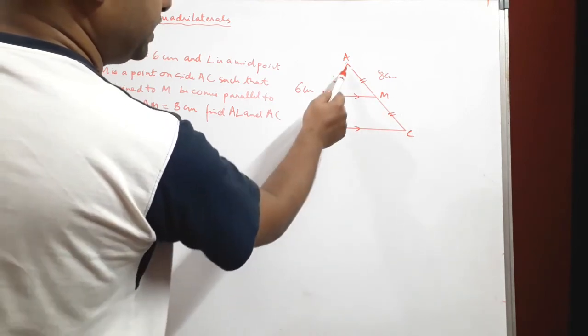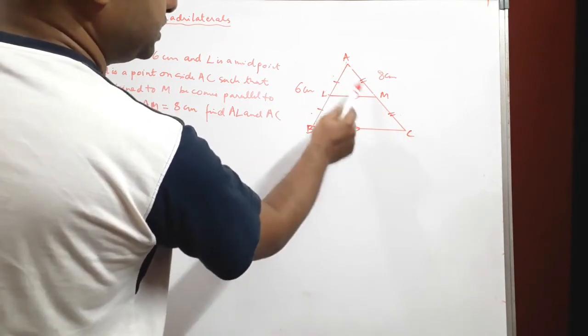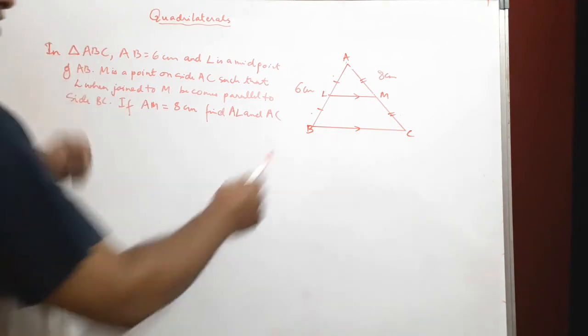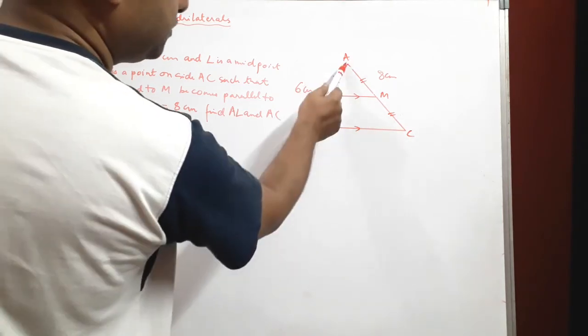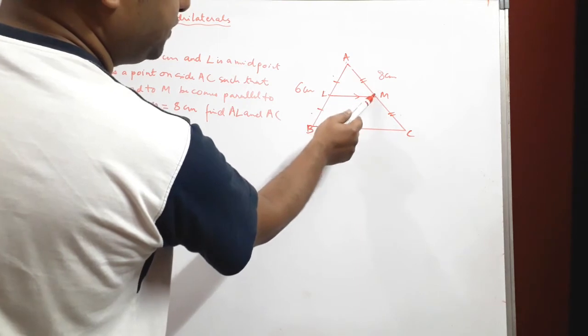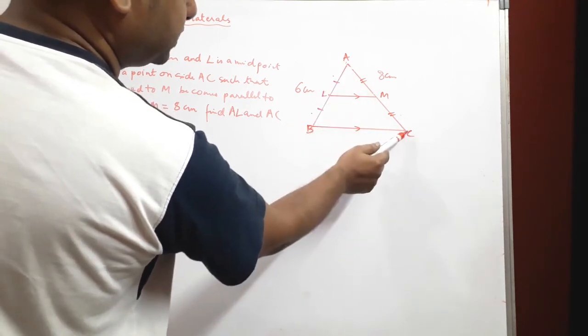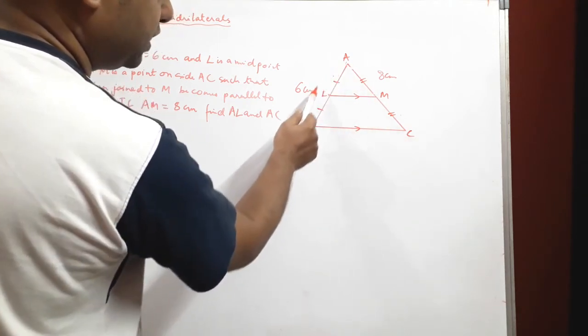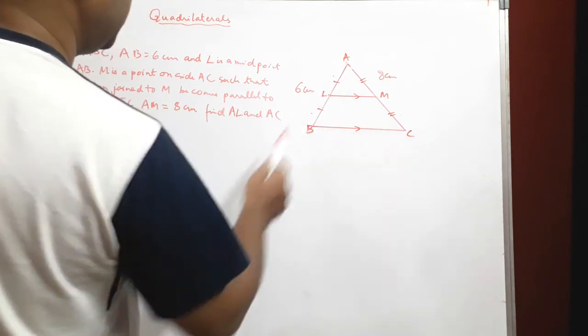So we are asked to find AL and AC here. On the side where we are given AM, we are asked to find the full length AC. On the side where we are given the full length AB, we are asked to find AL.